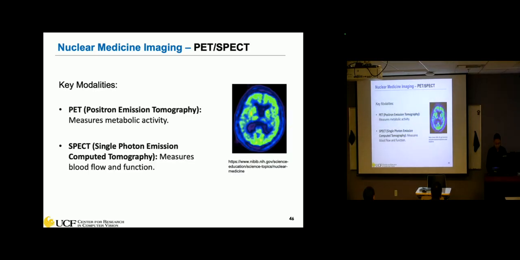The two commonly used modalities are called PET and SPECT, right? PET is positron emission tomography, used to measure metabolic activity. And SPECT is single photon emission computed tomography, right? It is used to measure blood flow and the functions.